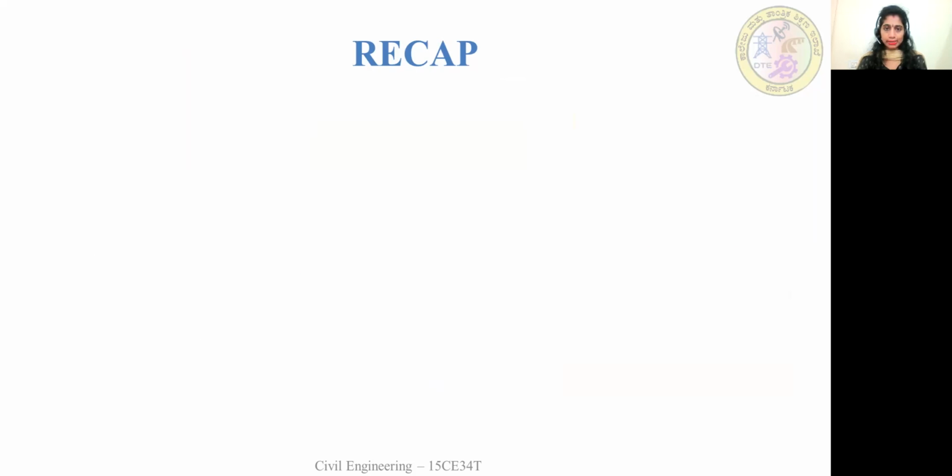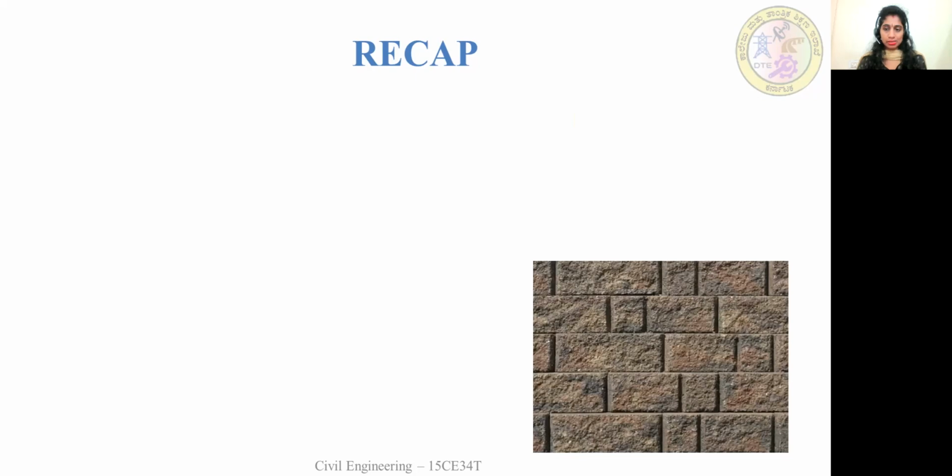Moving on to the next slide, the different types of ashlar masonry. Again, I'm not putting the pictures in sequence. Just guess what the different types of ashlar masonry are. See this one. This is ashlar fine masonry, one of the superior types of masonry compared to all others.